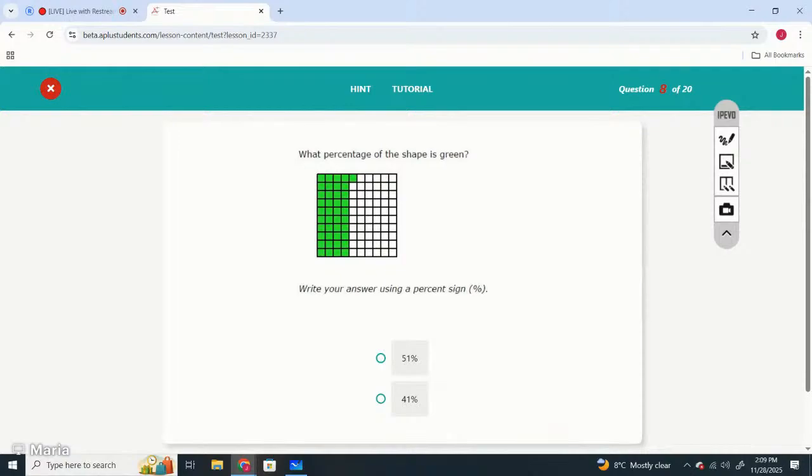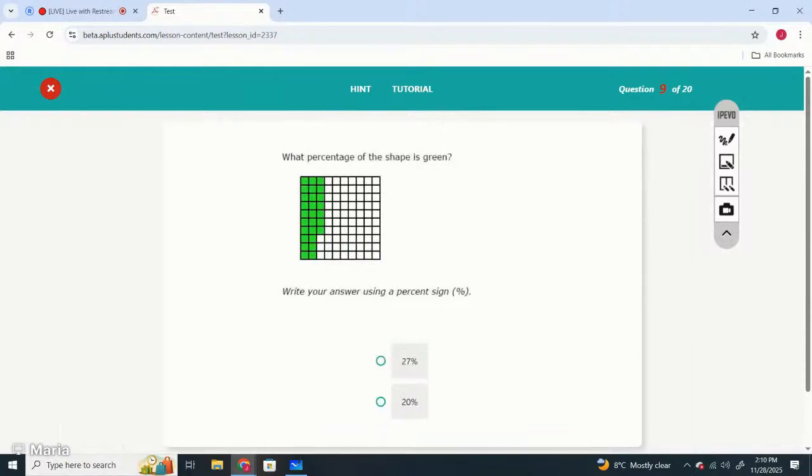What percentage of the shape is green? 41% of the shape is green.